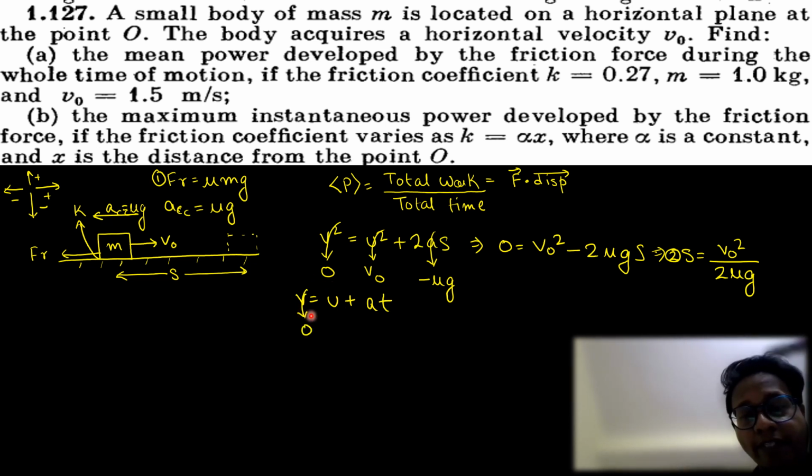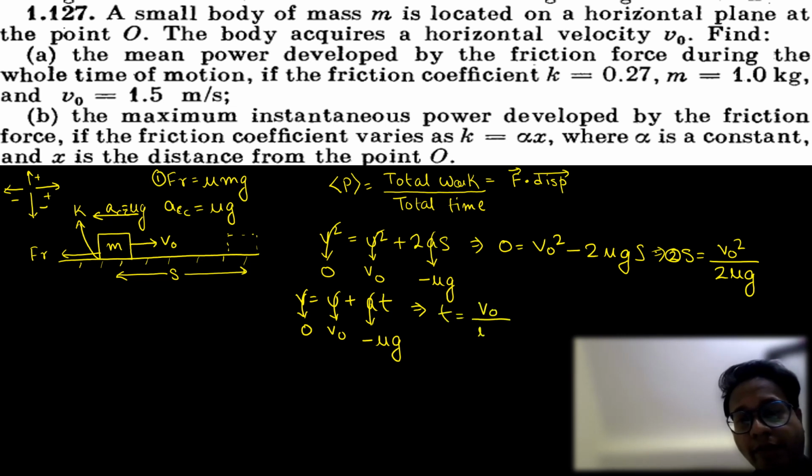I'm simply applying v is equal to u plus at to find the total time. u is equal to v naught, acceleration is equal to minus mu g. So time would be t is equal to v naught by mu g. So I found the time also.